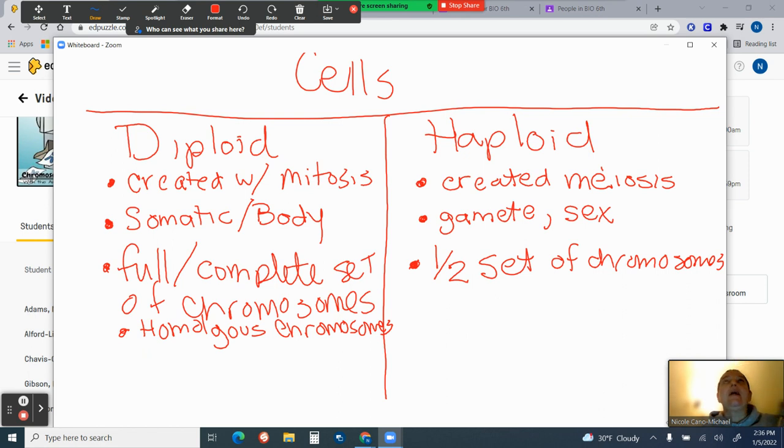If the diploid cell had 20, then the haploid cell has 10. If the diploid cell has 42, then the haploid cell would have 21. So literally half of whatever's in the diploid is what's going to be in that gamete, sex cell, haploid cell. Because remember, we get half of our chromosomes from mom. If this is the gamete, this is going to be the half that you got from your parent. And therefore, because it's a half set, there are no homologous pairs.